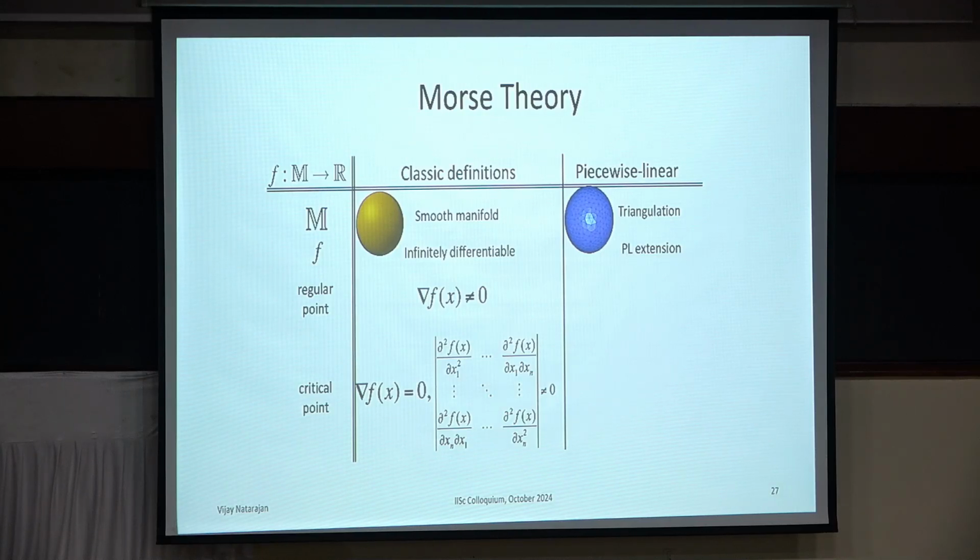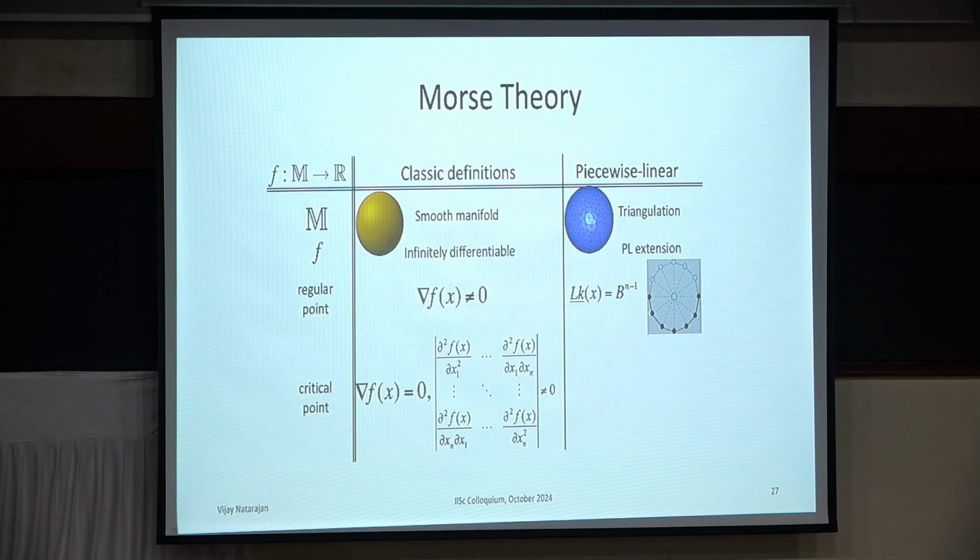The function, of course, is also represented as an approximation, sampled at vertices and linearly interpolated within the elements. So it's a piecewise linear function. The notions of regular and critical points can now be extended, thanks to work by Banchoff, in a way that avoids numerical computation.